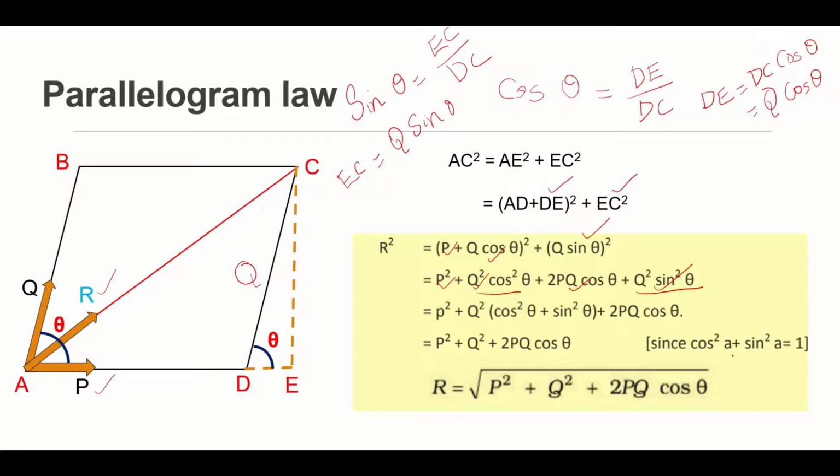Since cos square A plus sin square A equal to 1, this term becomes 1. So R square equal to P square plus Q square plus 2PQ cos theta. So the resultant force can be given by the expression R equal to root of P square plus Q square plus 2PQ cos theta.